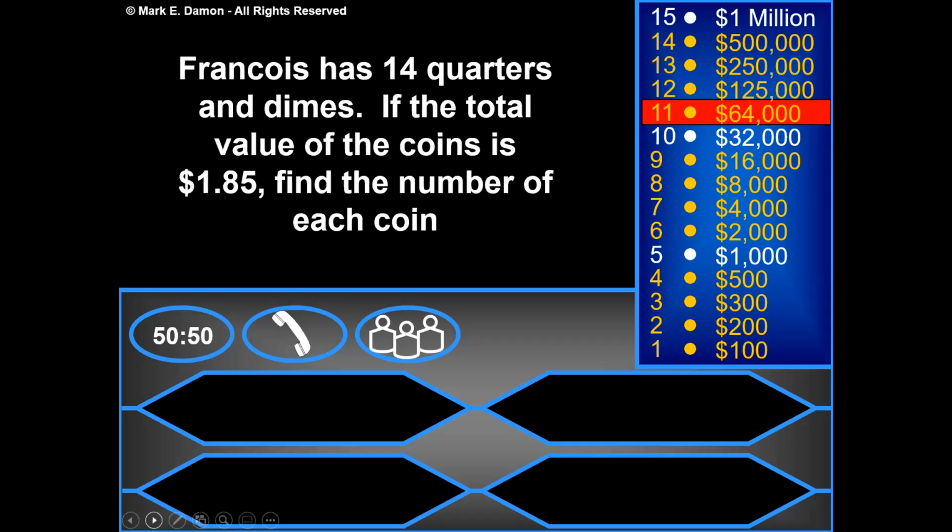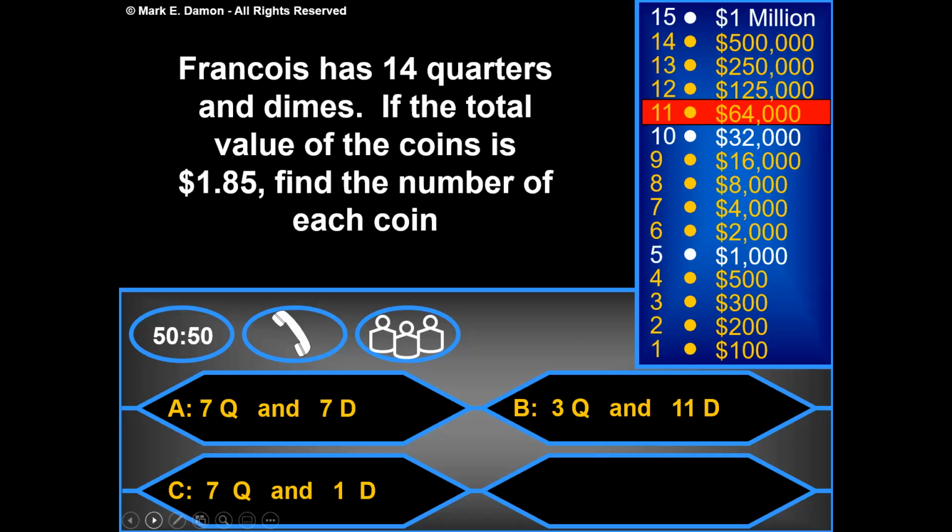All right, Francois has 14 quarters and dimes. If the total value of the coins is $1.85, find the number of each coin.